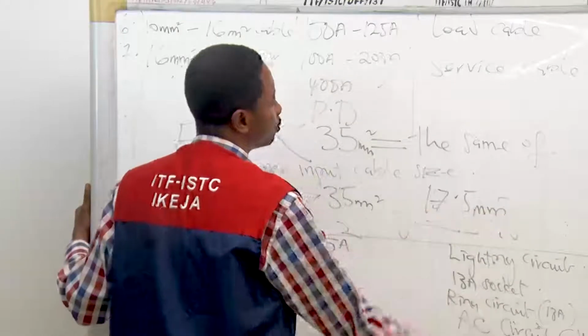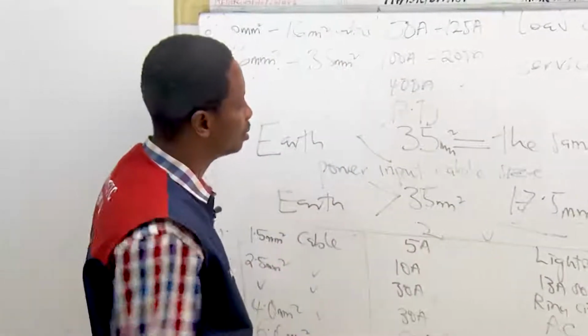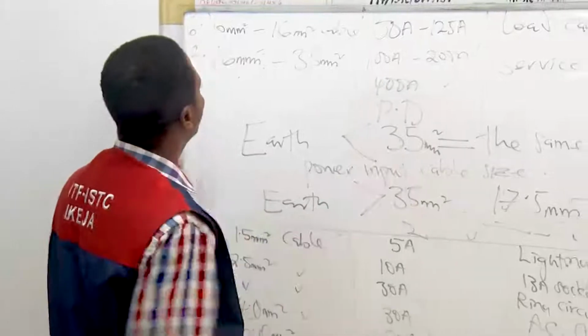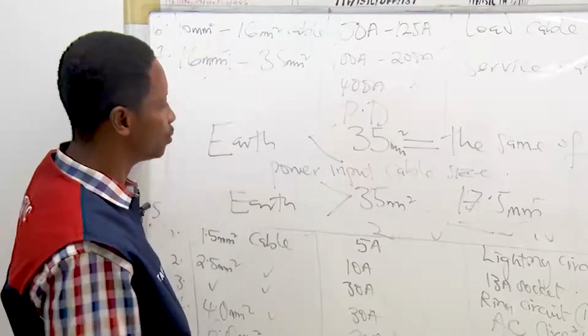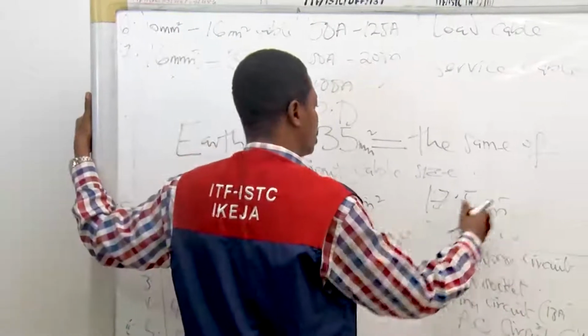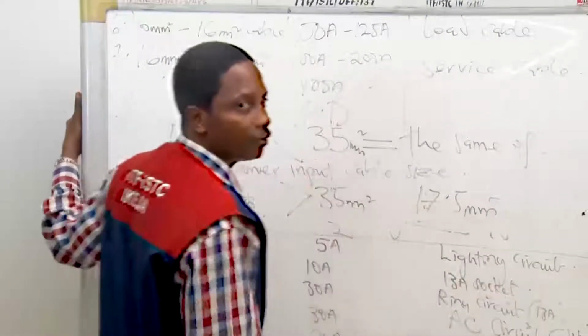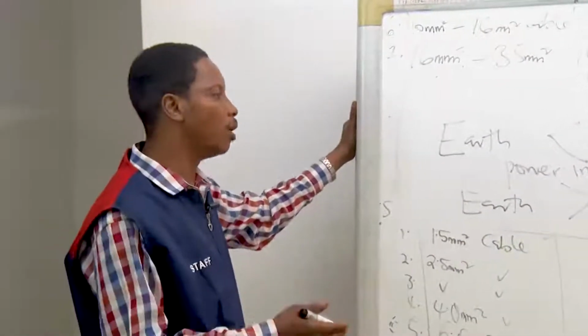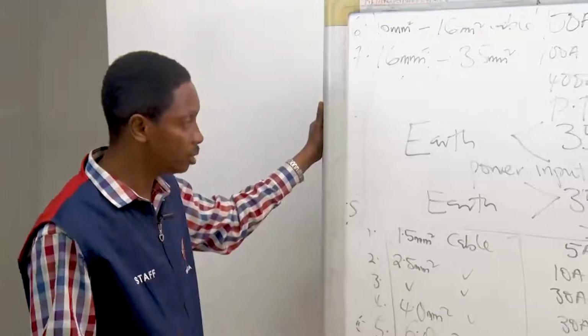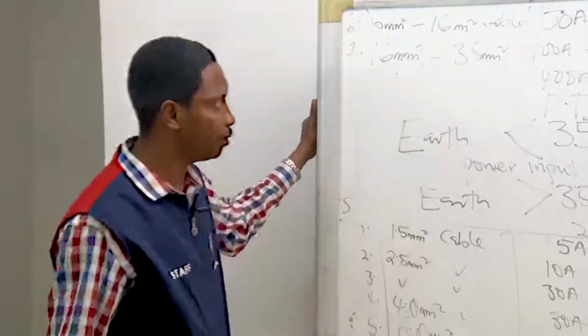And we don't have this size of cable. The nearest to it: we have 16, and from 16, we have 25. So you either use 16 or 25 mm. That is the implication. So for 50 mm, we make use of 25 mm. So that is the formula for earthing.